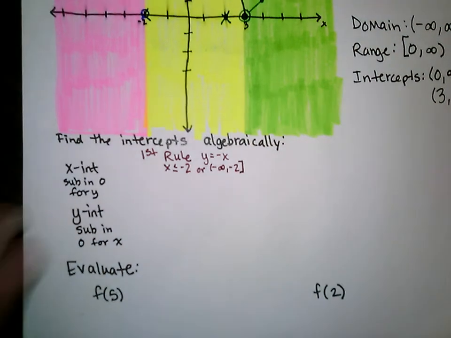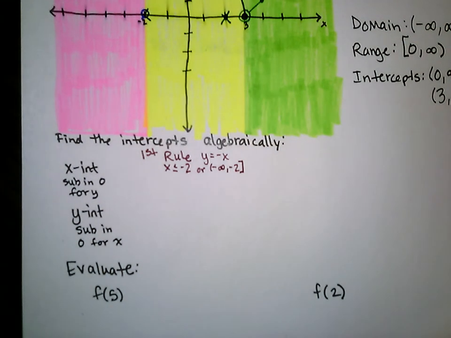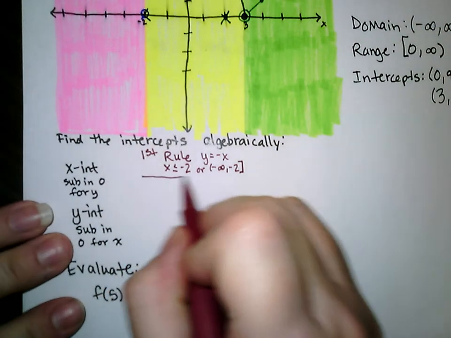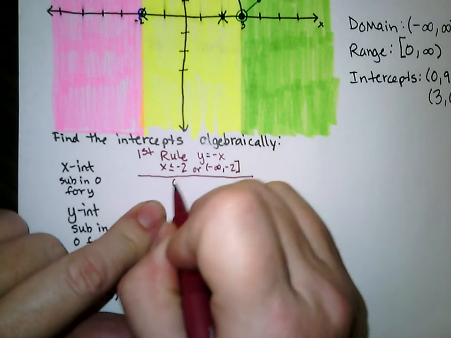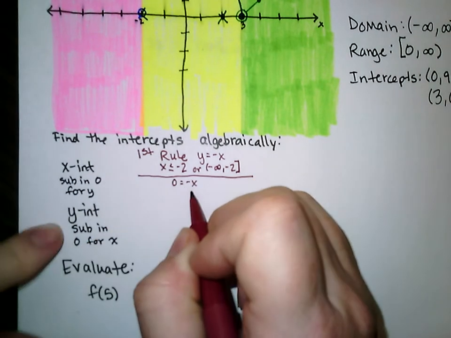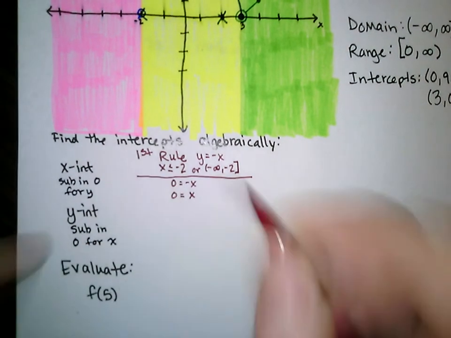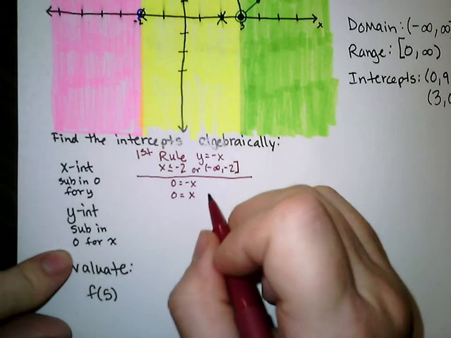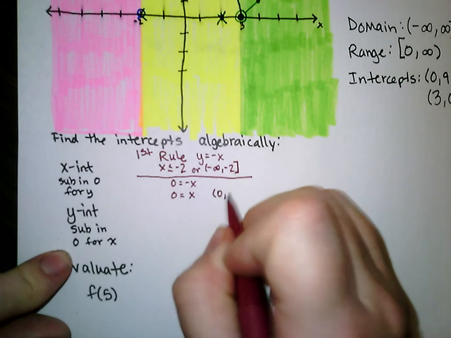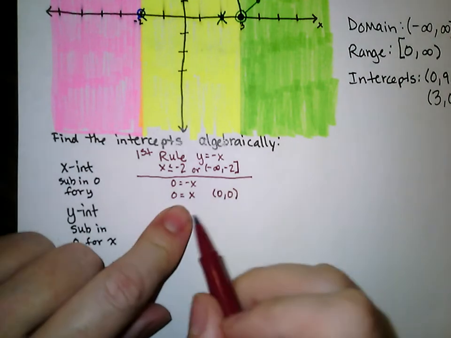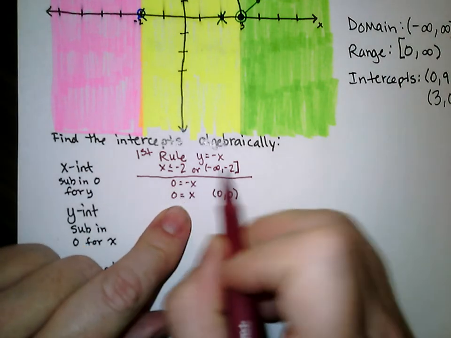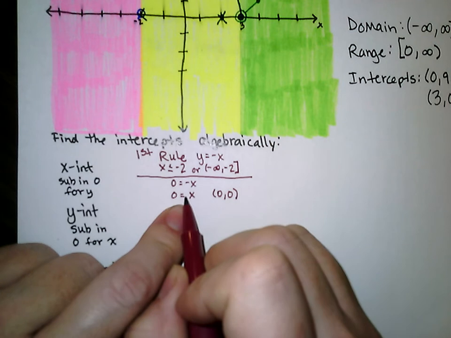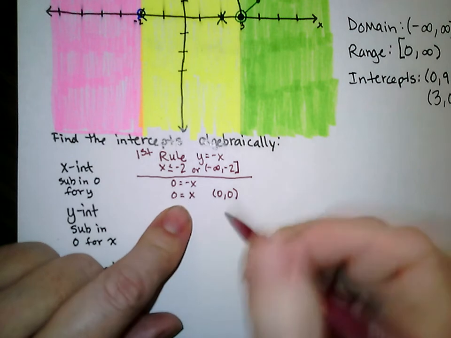Okay. So let's find the x-intercept. We'll sub in 0 for y. So we'd have 0 equals -x, which gives us x equals 0. So that x-intercept would be (0, 0). However, if we look at our domain here, from negative infinity to -2, x equals 0 is not in that interval.